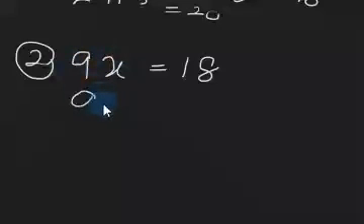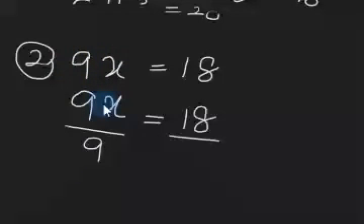So I divide the left hand side by 9. If I do something to one side of the equation, I should do the same thing to the other side of the equation. I divide the other side also by 9. Now these two 9 set off. x equals 18 divided by 9, 2. Answer is 2.